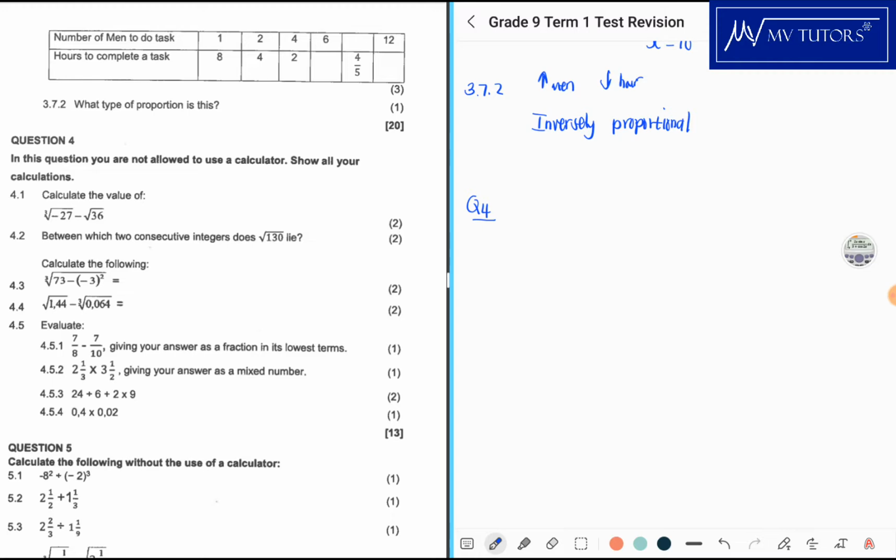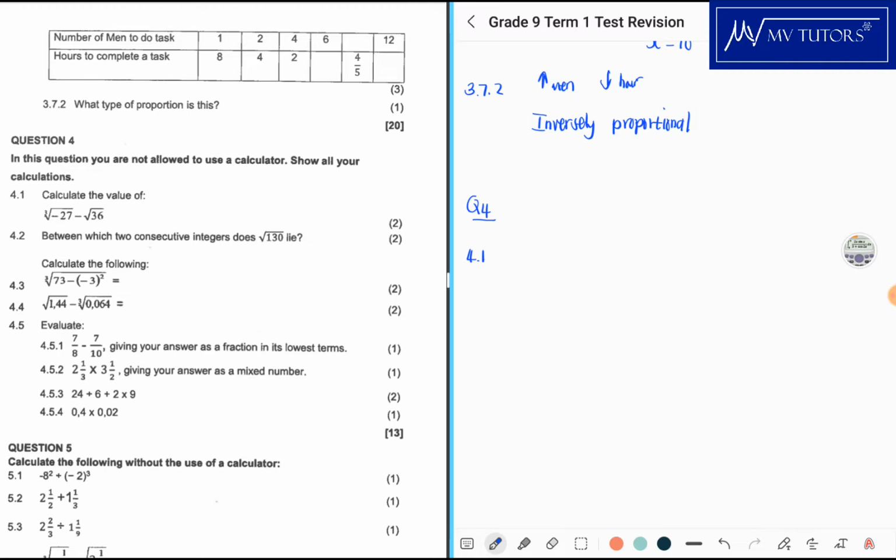Question 4. It says in this question, you are not allowed to use a calculator and you must show all your calculations. Alright. 4.1. So I see we have the cubed root of negative 27. If you don't remember what happens when you have squares, roots, cubes, and cubed roots, please do check out the grade 8 video.